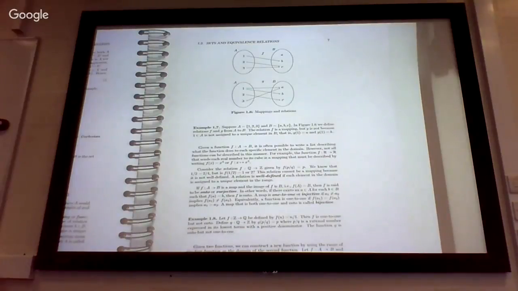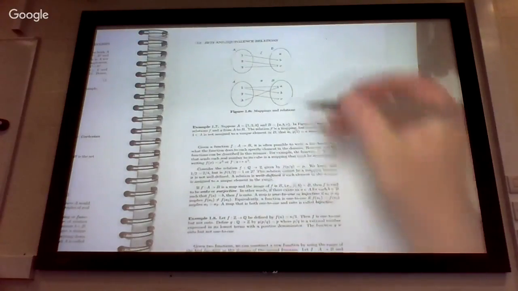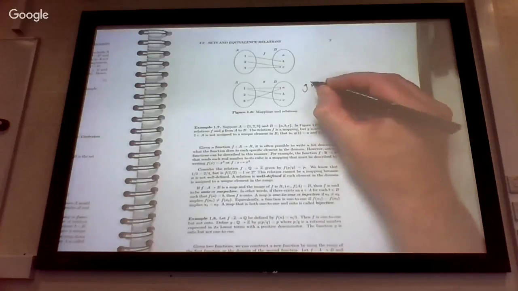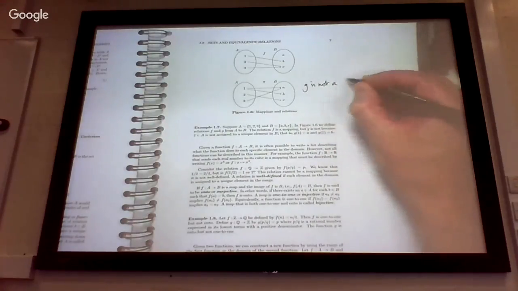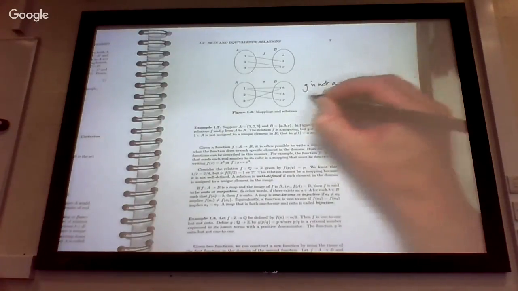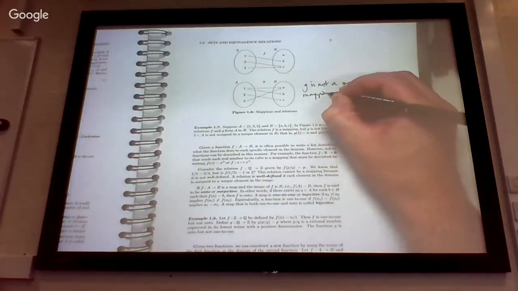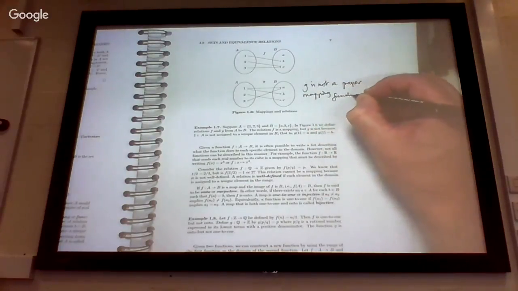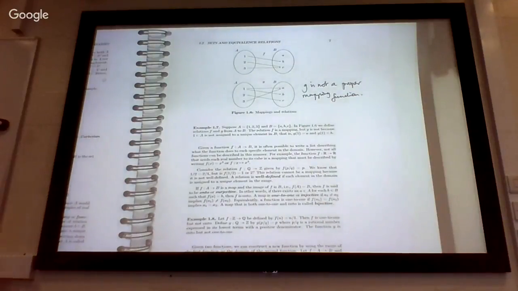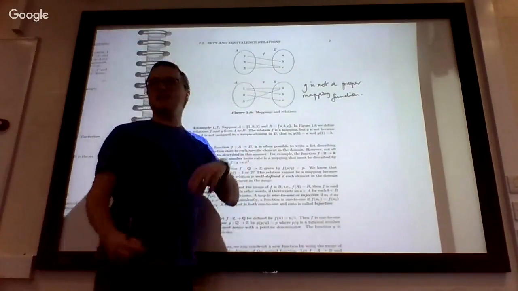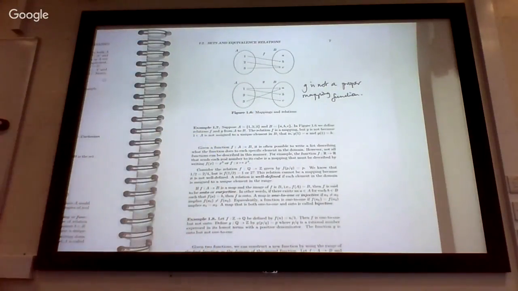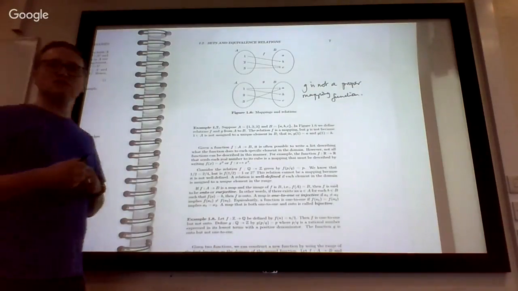G is not a proper mapping or function, because it's attempting to send 1 to 2 different destinations. So in our normal use of the terms function or mapping, that wouldn't qualify.